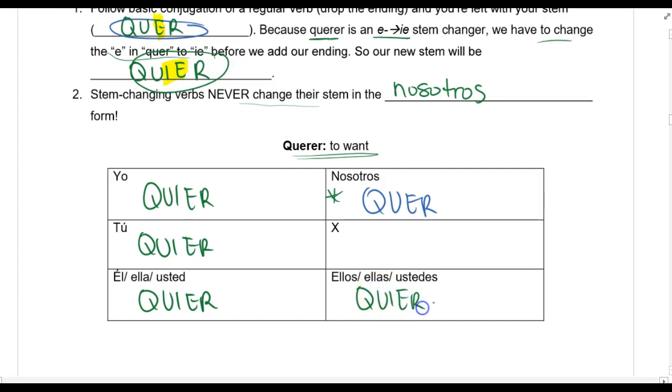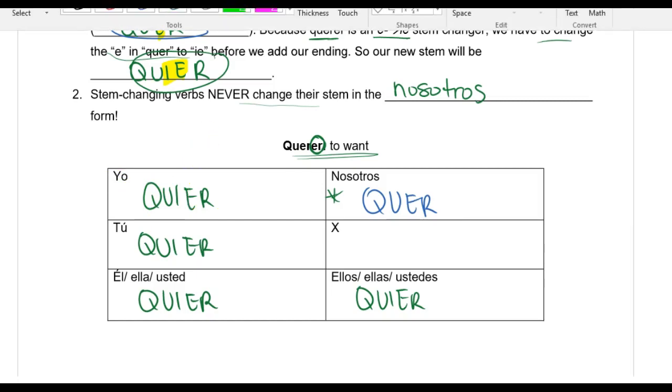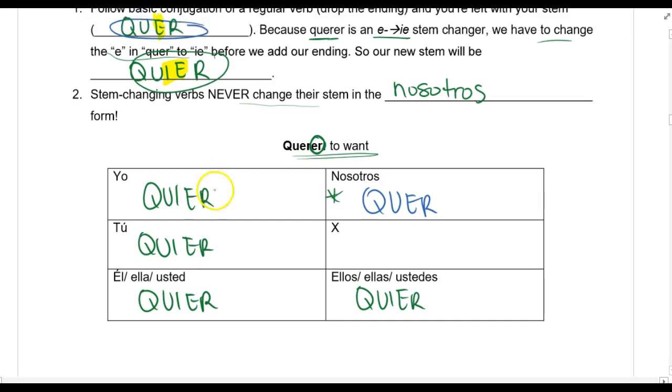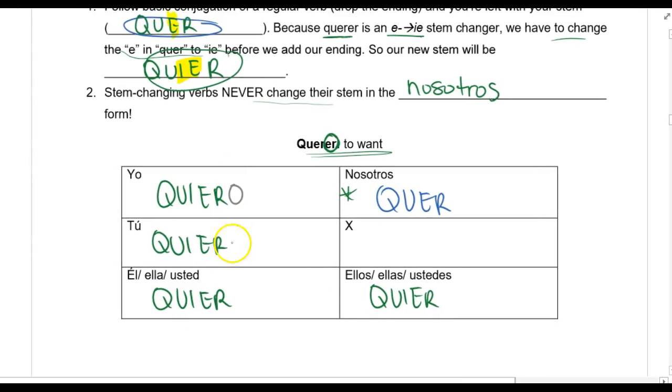Now, querer is an ER verb, which means that you're going to follow the regular verb endings for ER verbs. So you're still going to just go through and regularly conjugate it. My new conjugation for querer is: yo quiero, tú quieres, él, ella, usted quiere, nosotros queremos, because it's an ER verb, and then ellos, ellas, y ustedes quieren.